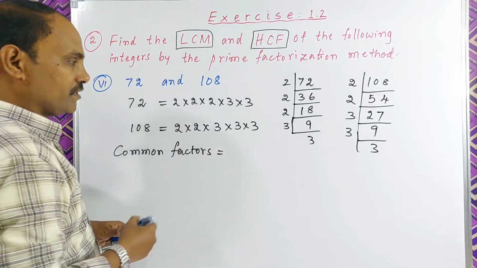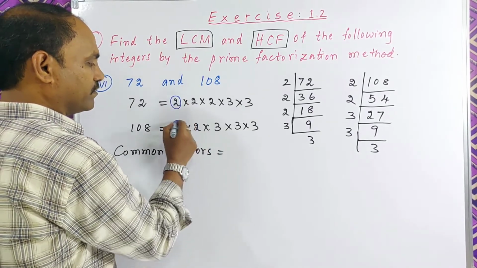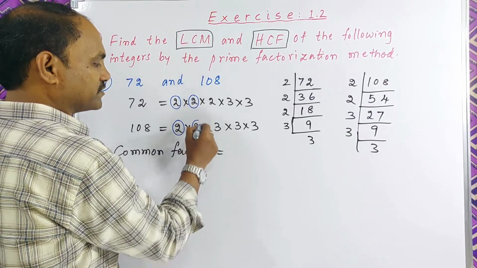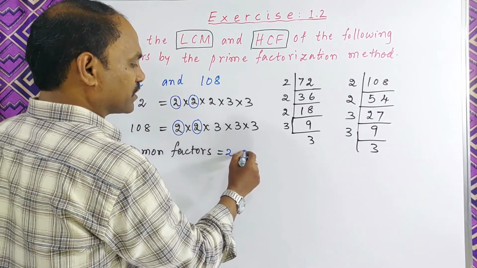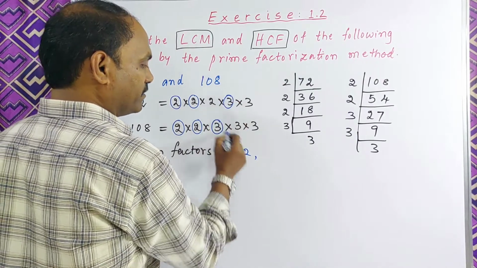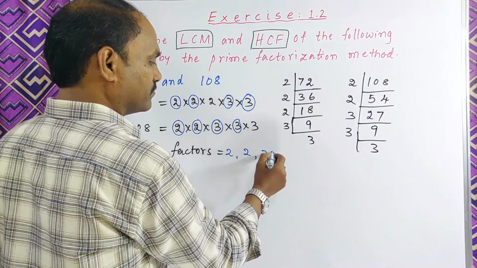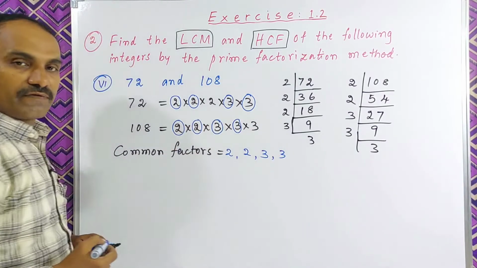Once check, in these two, one 2 is there, and the other 2 is also there, means 2 comma 2, and one 3 is there, and the other 3 is also there. These are the common factors.